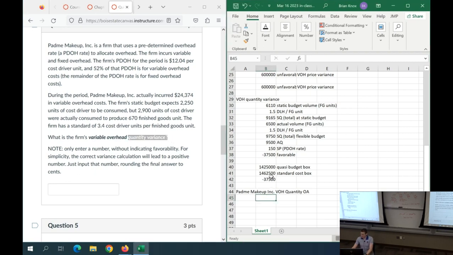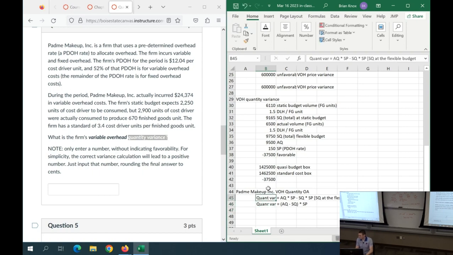We can either get AQ times SP minus SQ times SP, SQ at the flexible budget, remember, or we can do quantity variance equals AQ minus SQ times SP.